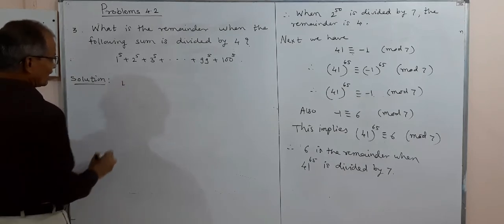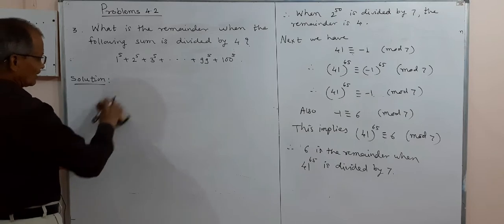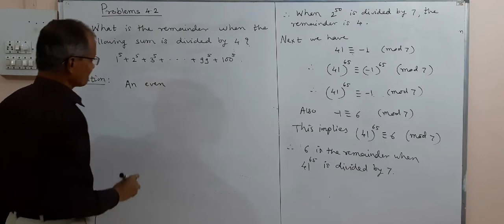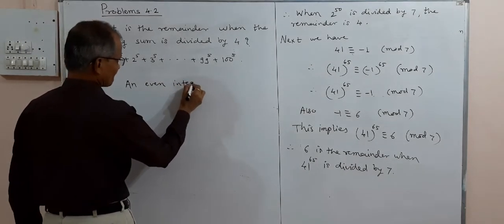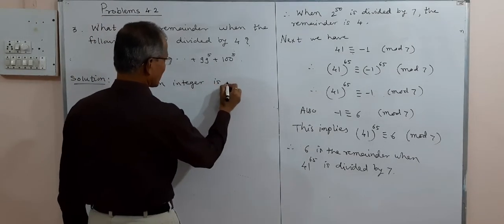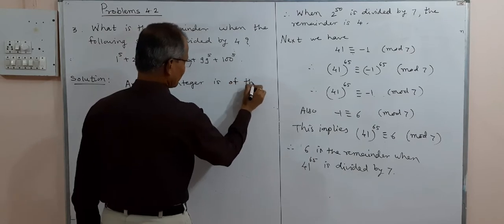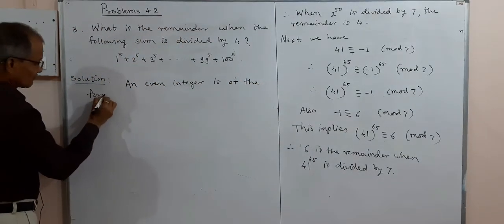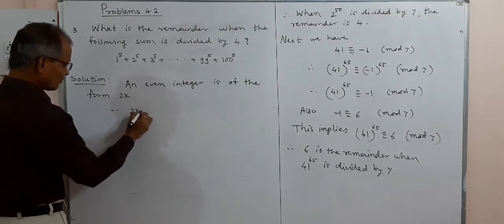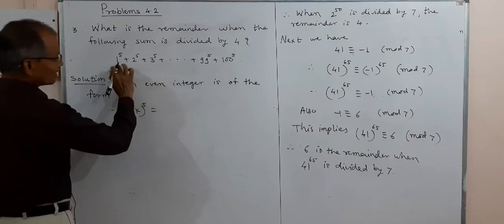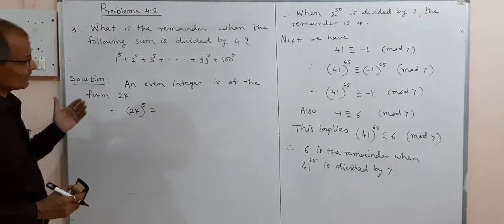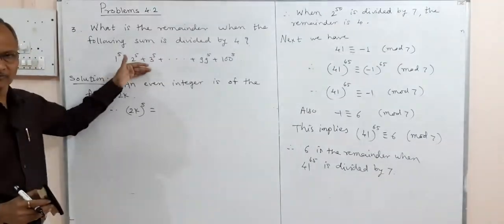Among 1 to 100, exactly 50 numbers are even and the remaining 50 are odd.